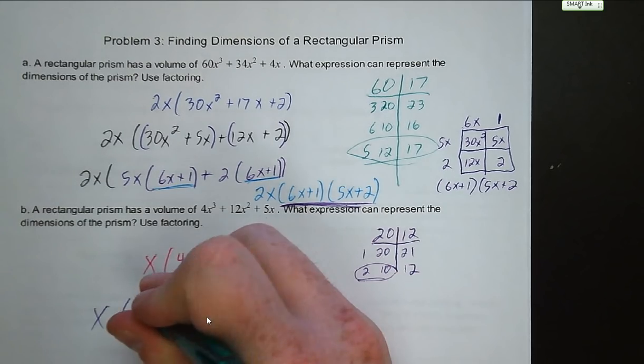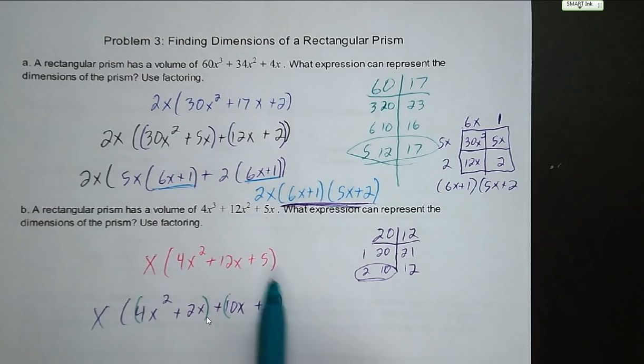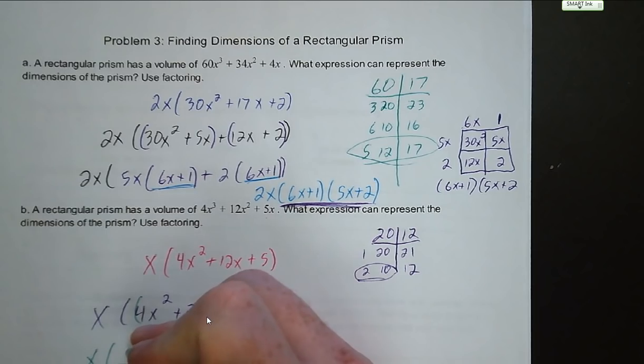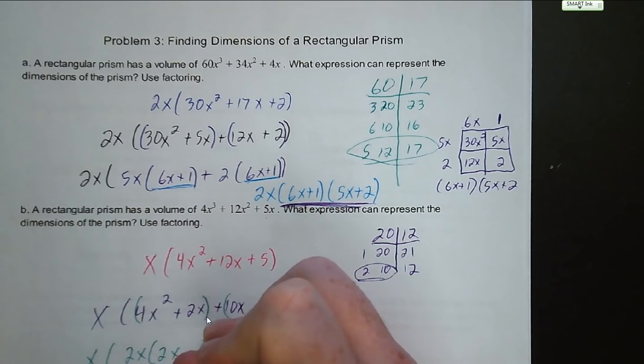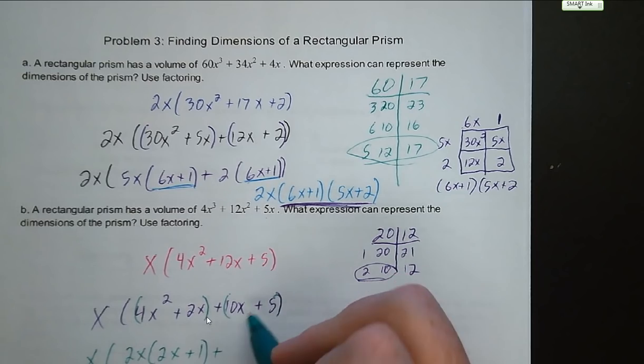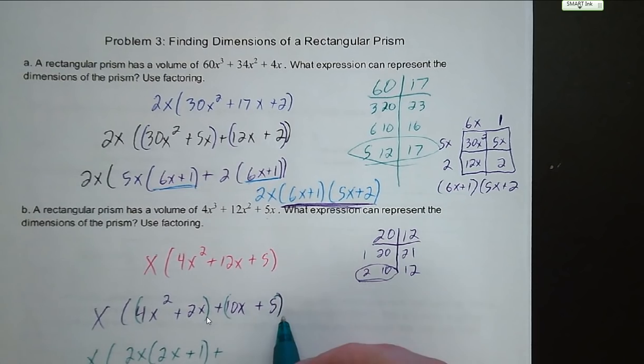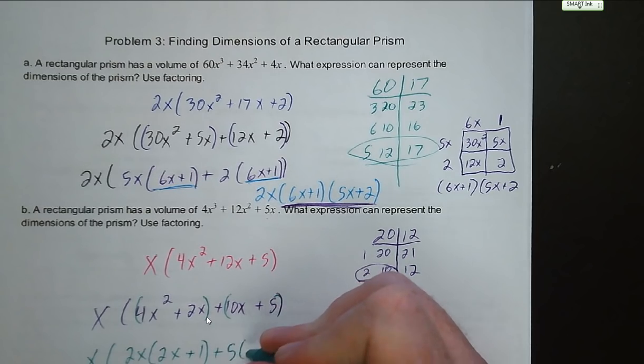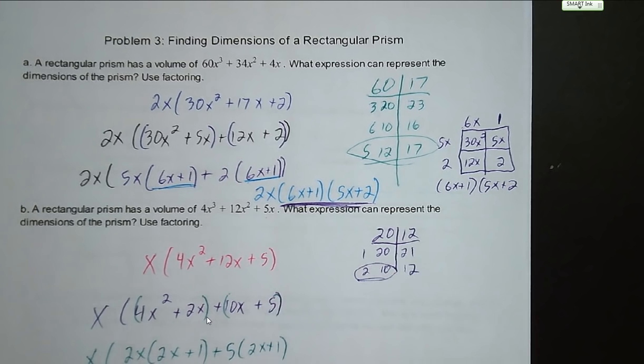We need to figure out what can we remove from here. Well, it looks like I can bring out a 2x from the first two terms. So we have x out in front. So we have 2x times 2x plus 1, plus 10x and 5. Looks like I can take a 5 out of that, and we're left with 2x plus 1. Okay.